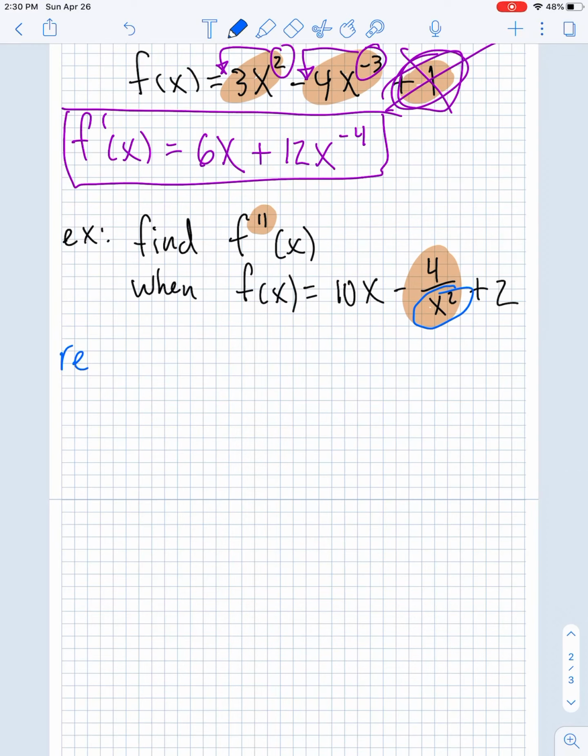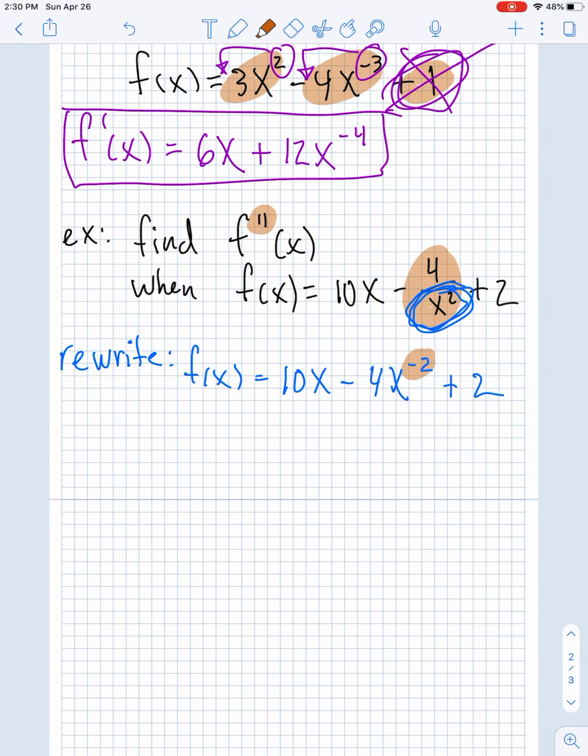So before you take the derivative, you have to rewrite the function as 10x minus 4x to the -2 plus 2. Do you see how it used to be x squared in the denominator, but then you can move it back up into the numerator, but you have to make the exponent negative? So negative exponent right there, that's important.